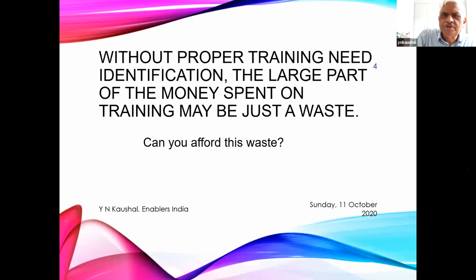Without training need identification or learning need identification, a large part of the money spent on training may be just a waste. Are you able to afford this waste? It is not something one can afford. We have the budget, and we need to utilize and justify how we have spent that effort and money. Have we got the return or not?